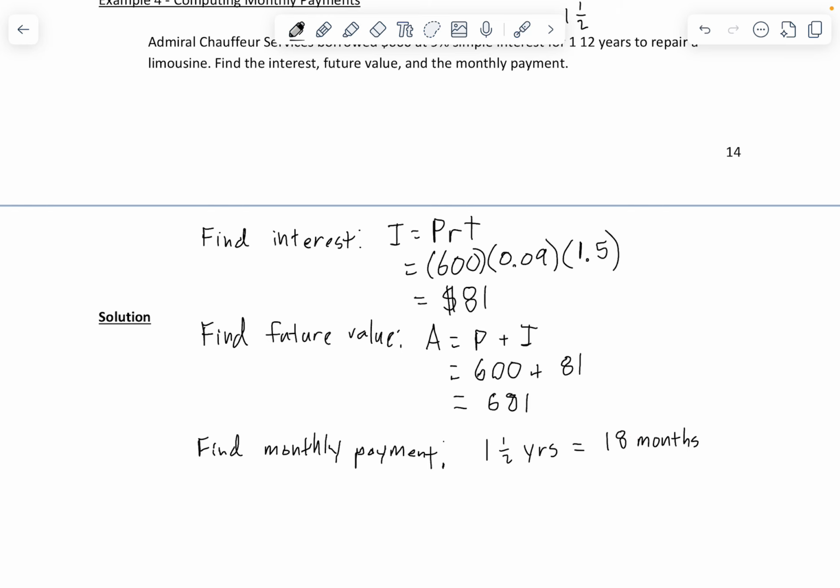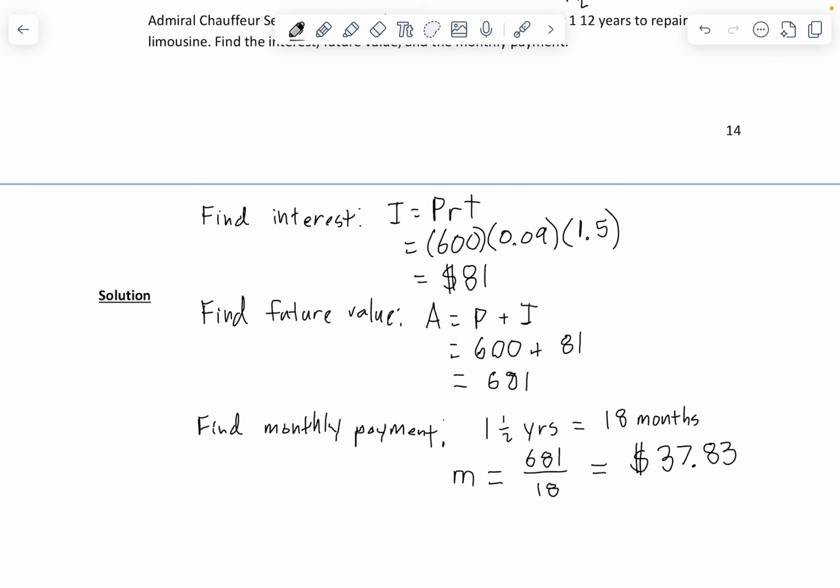So we do that by taking, we'll just say M represents the monthly payment, 681, and we divide that by 18 to get the monthly payment, which ends up being about $37.83. Clean this up a little bit. M equals, that's better. All right.